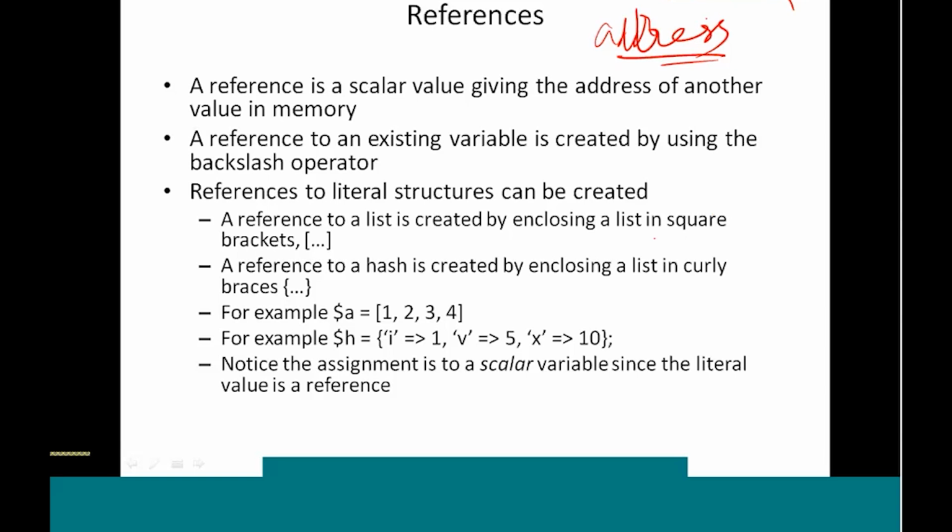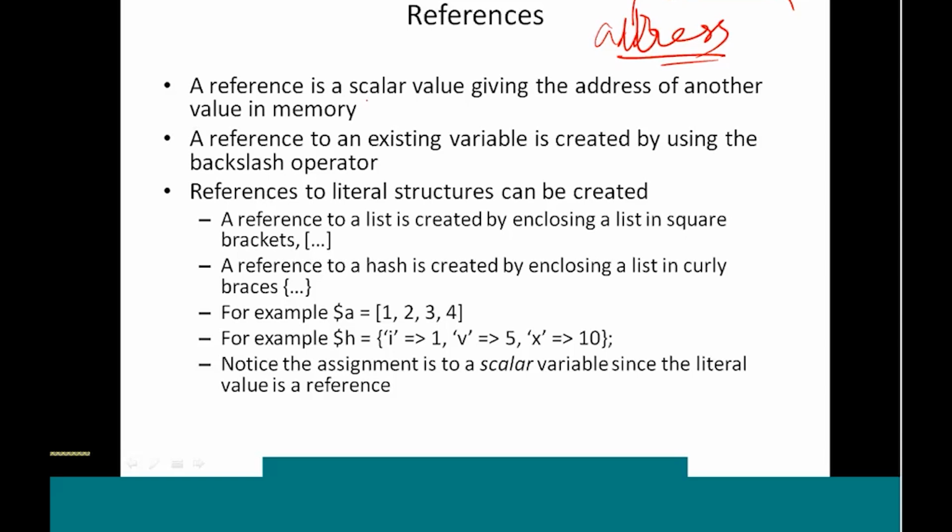So even in Perl we can give references to variables. The reference is a scalar value giving the address of another value in the memory. Whatever the address of this particular location will be the reference, and this is a scalar value.